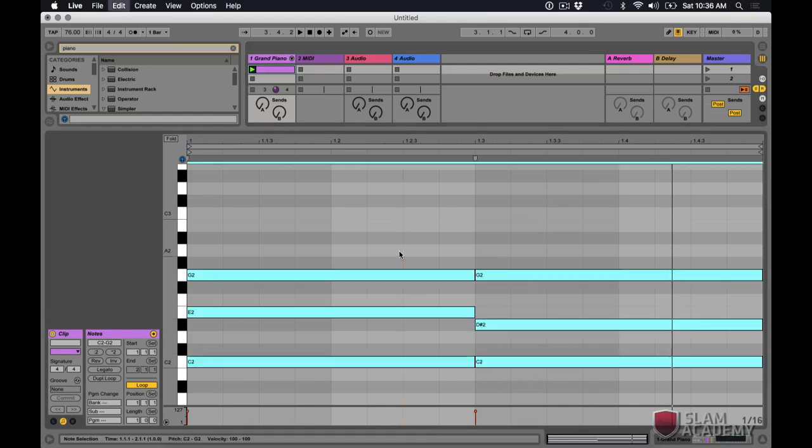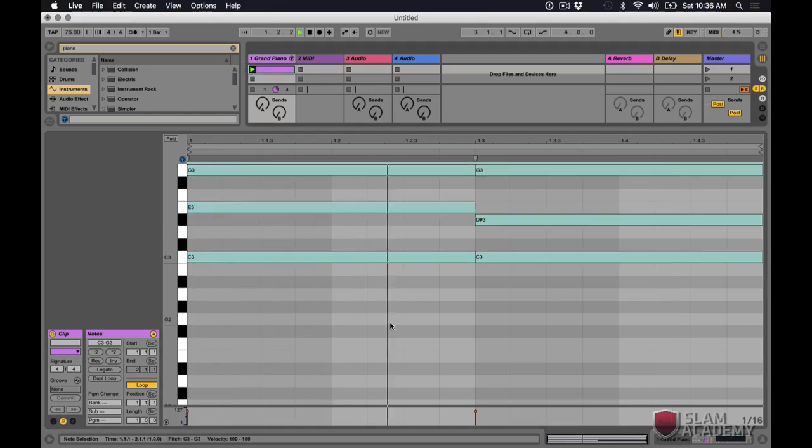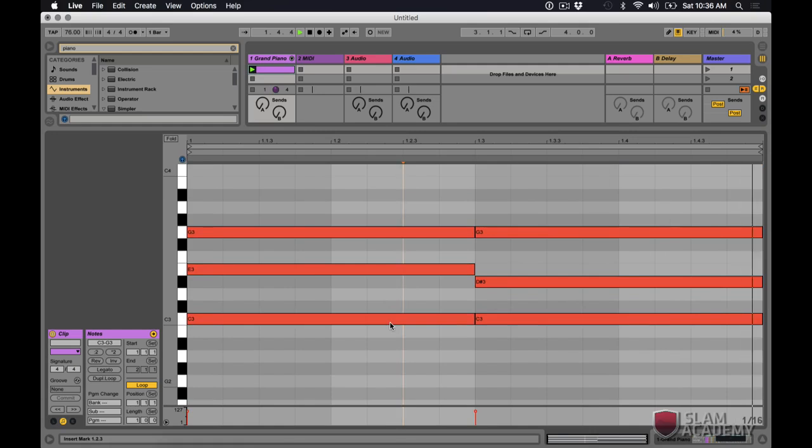Let me go up an octave. Let's try it up here. You can hear it a little bit, I think, in this setting. It's kind of hard to hear because we don't typically do this.